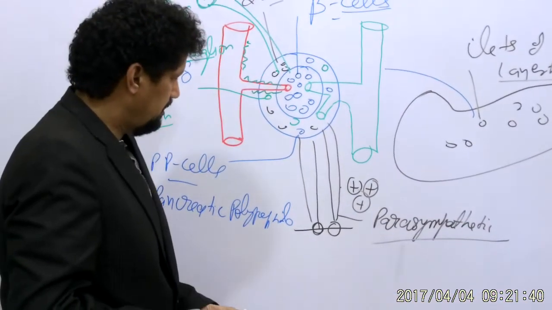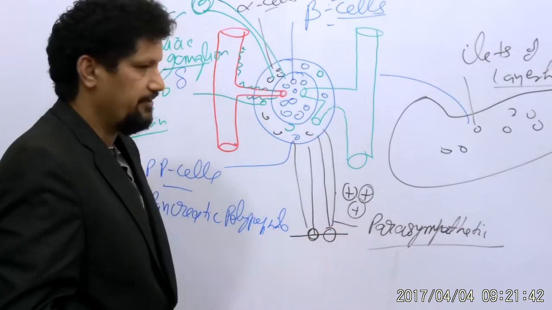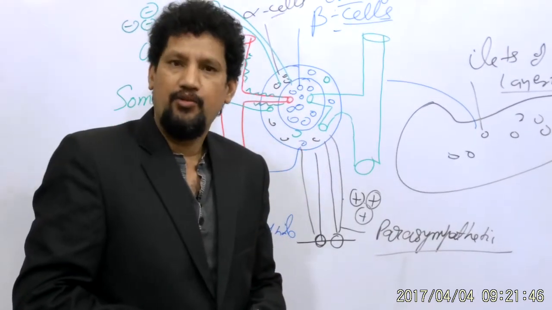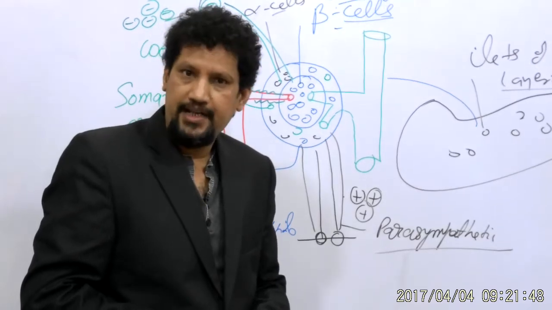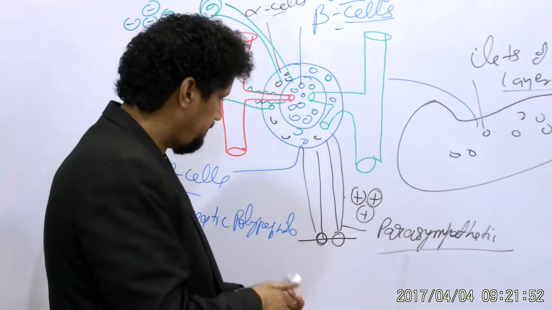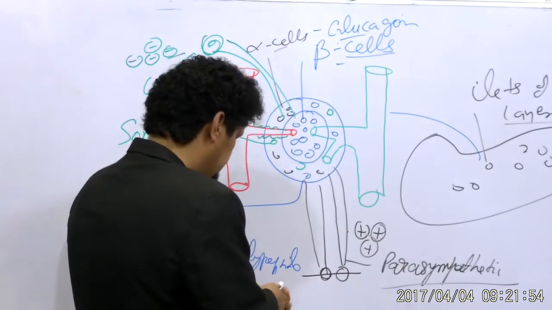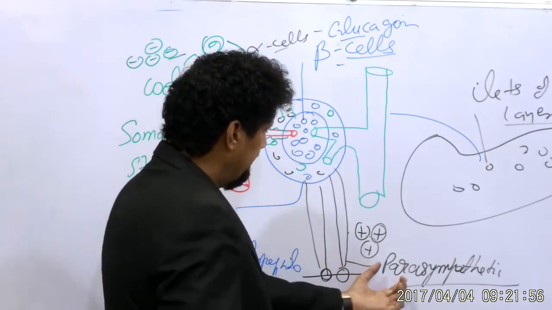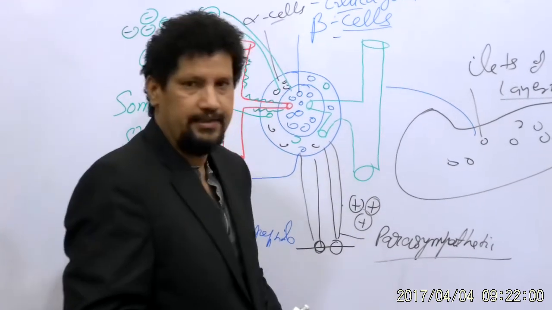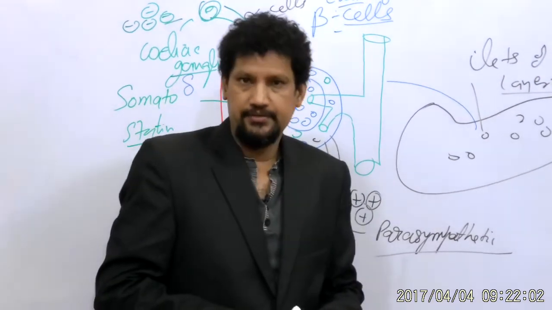Preganglionic neurons of these parasympathetic innervation are coming from the brain in the vagal trunk, in the anterior and in the posterior vagal trunks. So, these are increasing the secretion of the insulin after taking food.